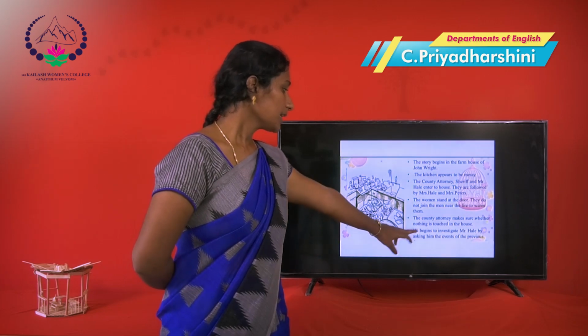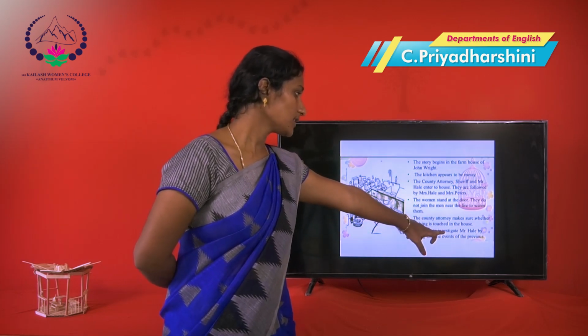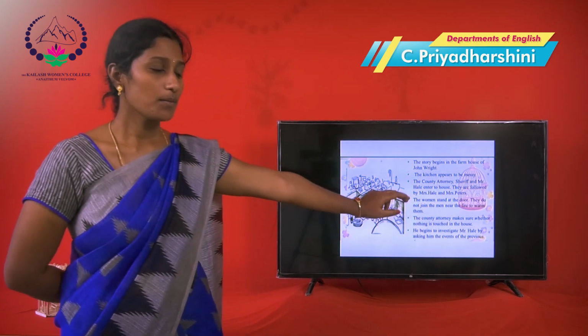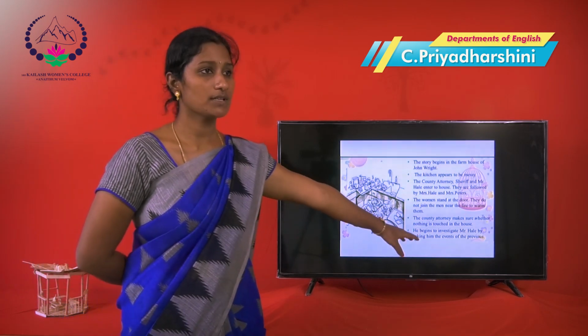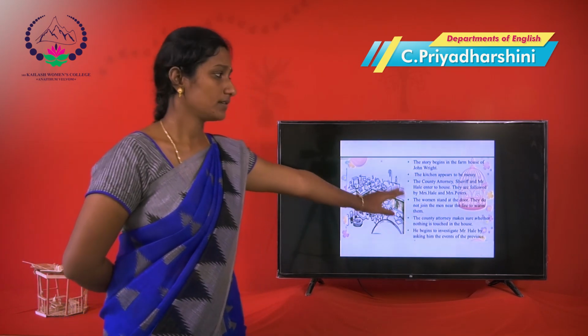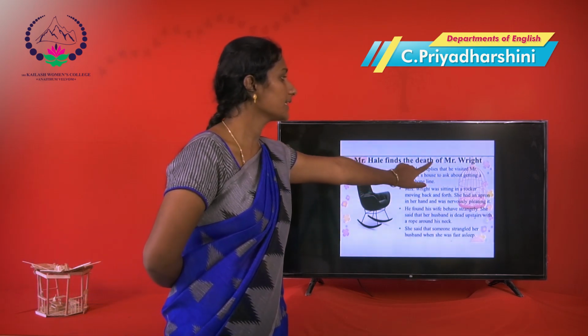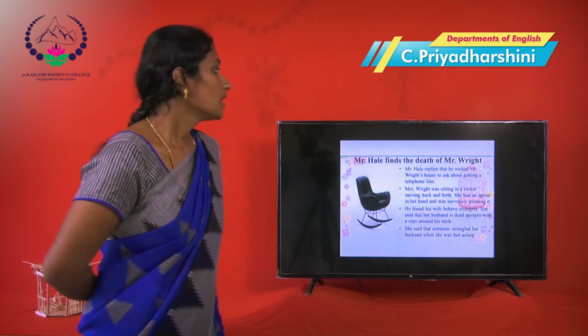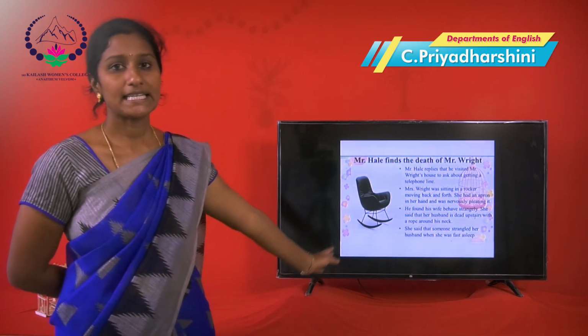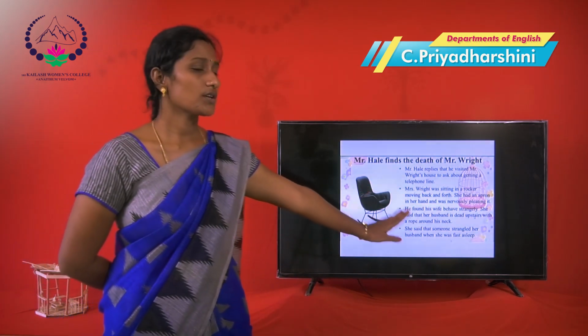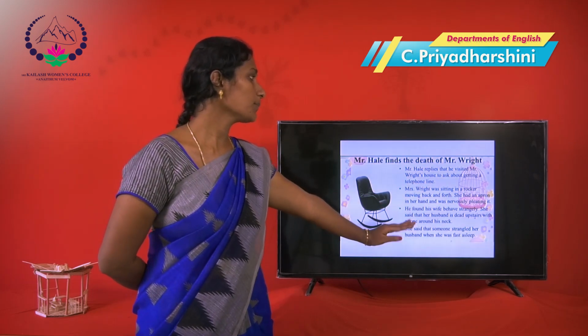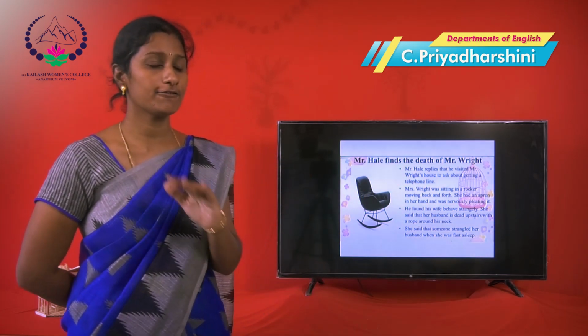Next, he begins to investigate, asking Mr. Hale to describe the events of the previous day. Next, we see how Mr. Hale found the death of Mr. Wright. Mr. Hale replies that he visited Mr. Wright's house to ask about getting a telephone.